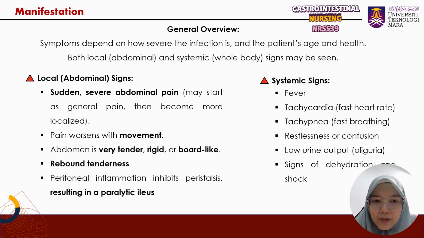The manifestation of peritonitis may include several symptoms depending on the severity of the infection itself. For the local signs, the patient might have sudden severe abdominal pain that can be worsened by movement, tender abdomen, rebound tenderness, and also paralytic ileus that is resulting from the peritoneal inflammation, which inhibits the peristalsis.